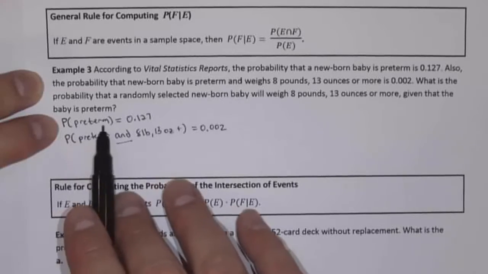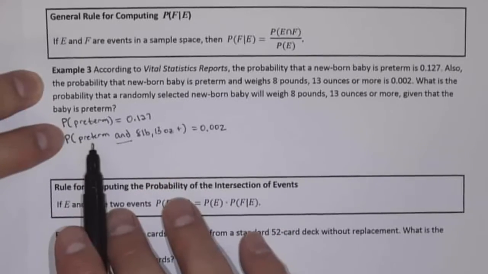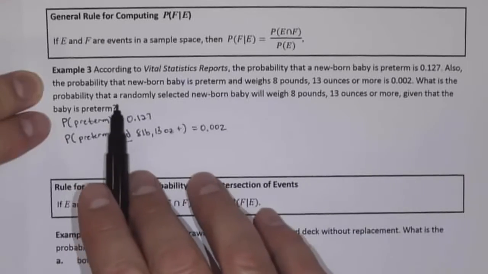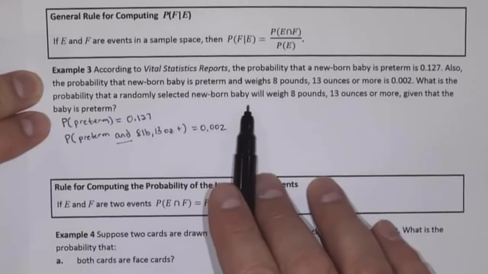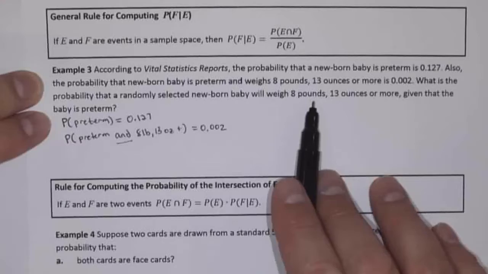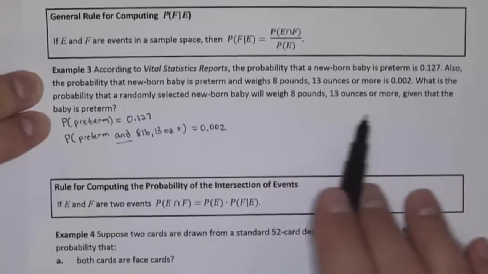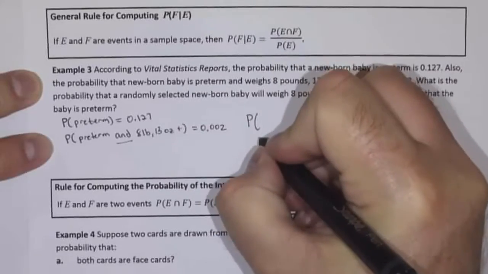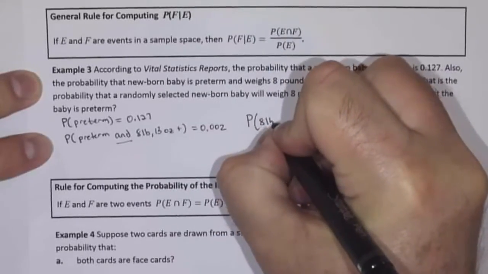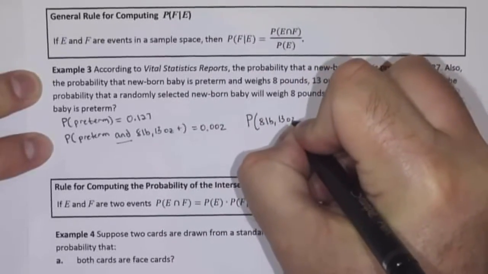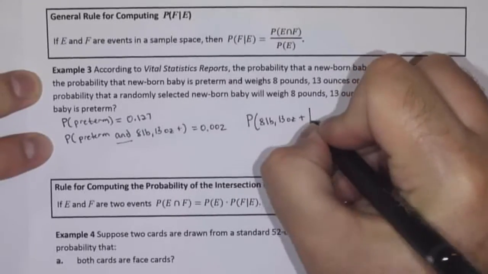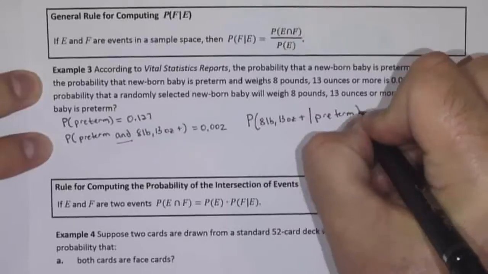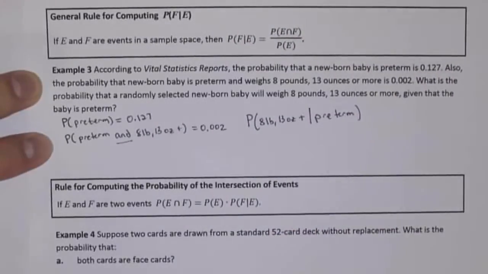So this is like the probability of E. This is the probability of E and F. And we're asked, what is the probability that a randomly selected newborn baby will weigh 8 pounds 13 ounces or more, given that they're preterm? So this is our F given E.